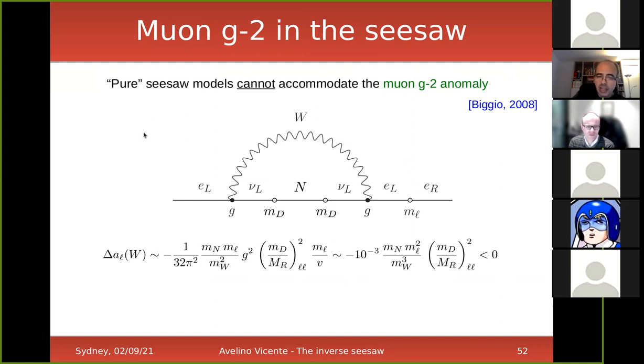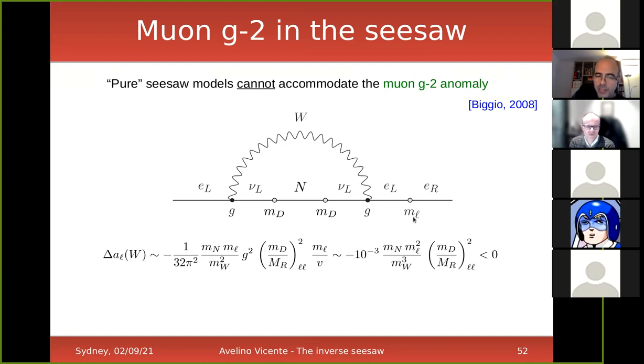Because of that, in any diagram that you draw for the muon g-2, you always need some mass insertion to get the chirality flip. So you will always pay a muon mass suppression in the calculation of the g-2. There is no way out of that in the standard seesaw. So the only chirality flip that you can have is the muon mass, nothing else.